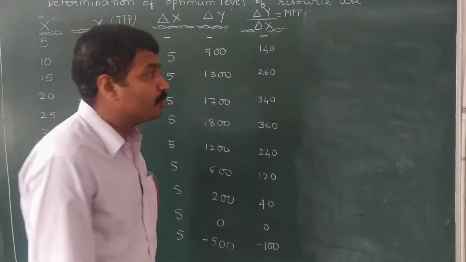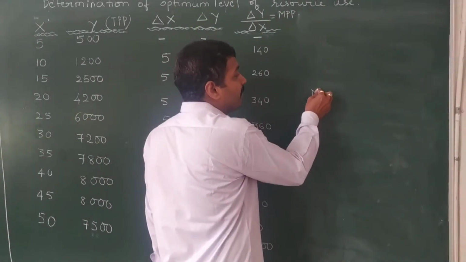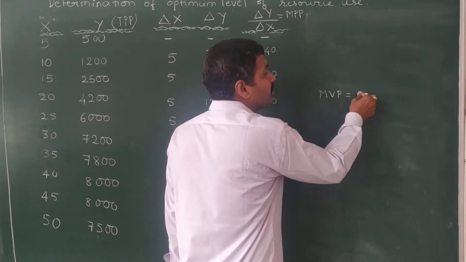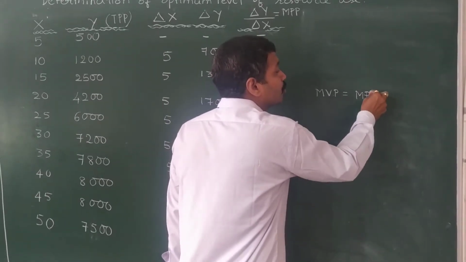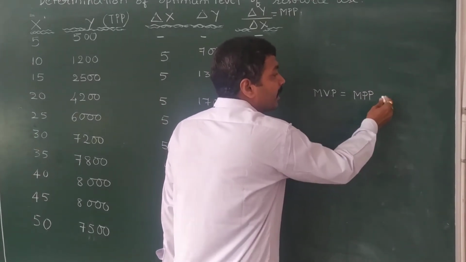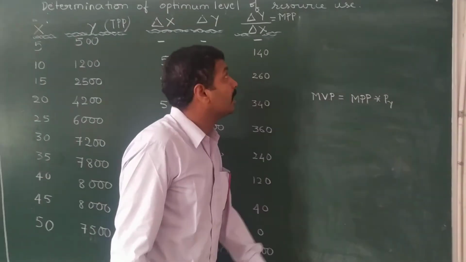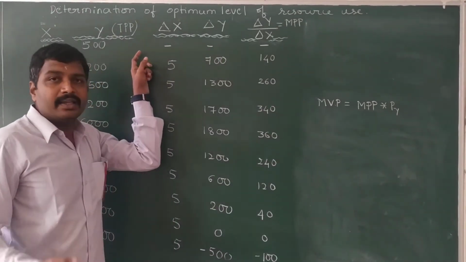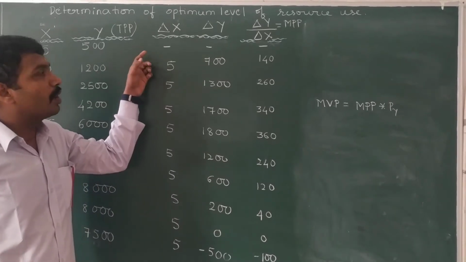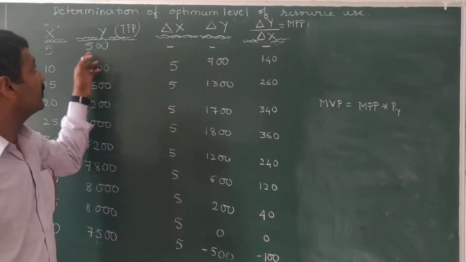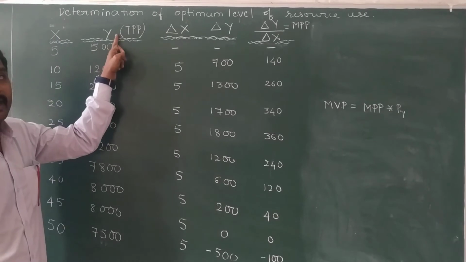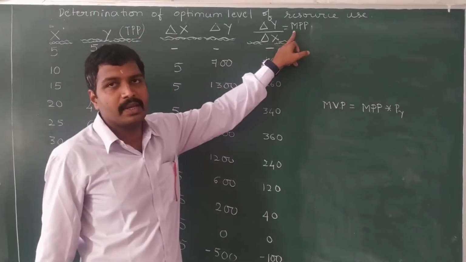Okay, now what we need to do is determine MVP. MVP means you need to multiply MPP with the price of output. In the last video you have understood how, with the given information, that is X and Y, we can determine MPP.